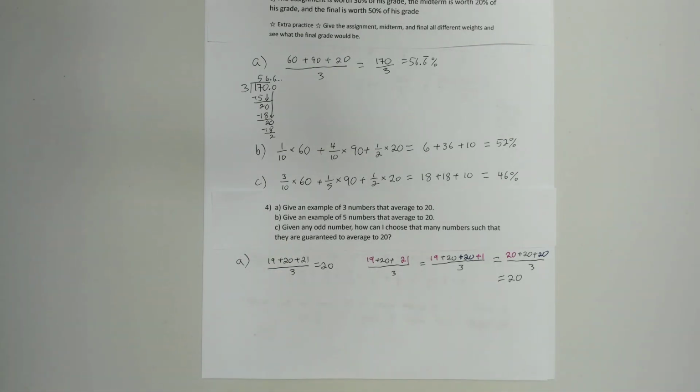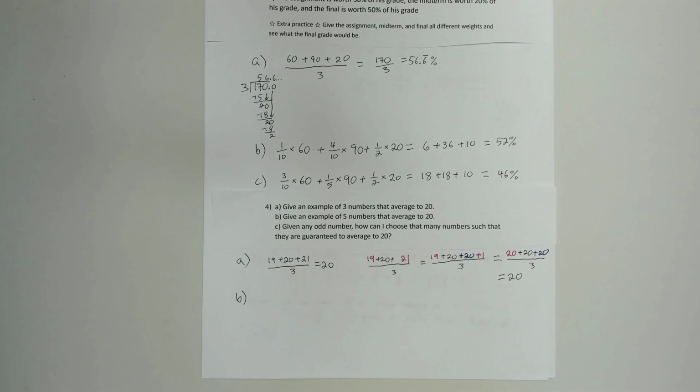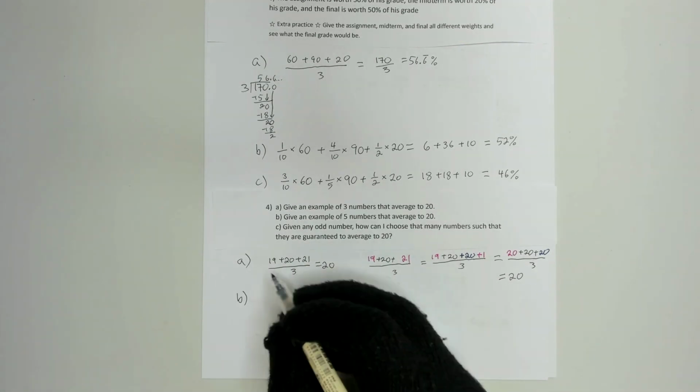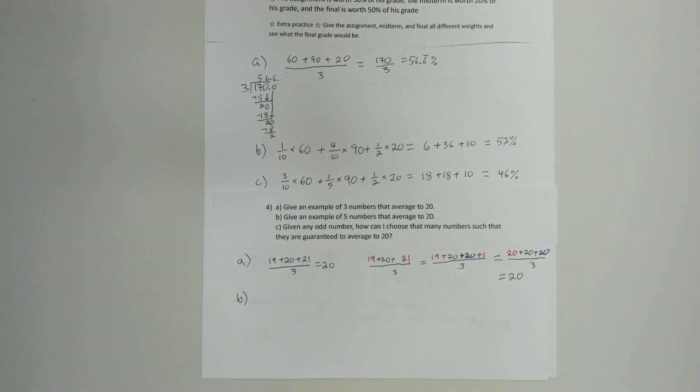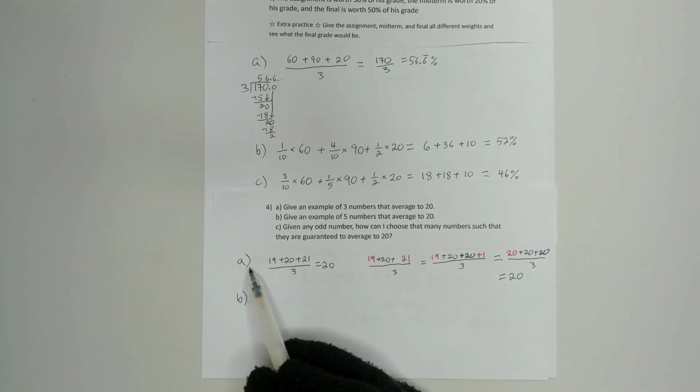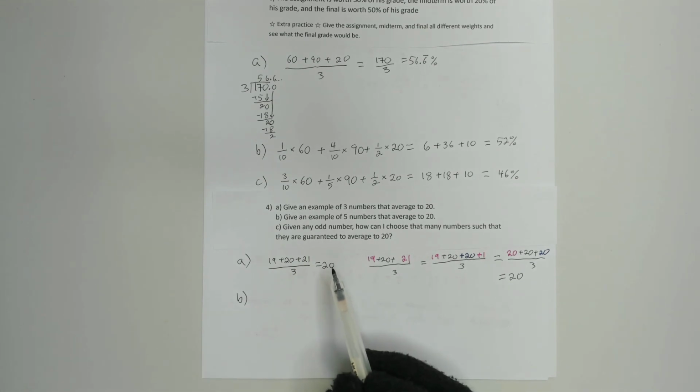Give an example of 5 numbers that average to 20. Alright, well in this one, we already know 19, 20, and 21 can give us 3 copies of 20. So if we can get 2 more copies of 20, we'll be good to go. And the way we can do that is if we go 2 below 20 and 2 above 20, we can do a similar rearrangement and get those 2 copies.